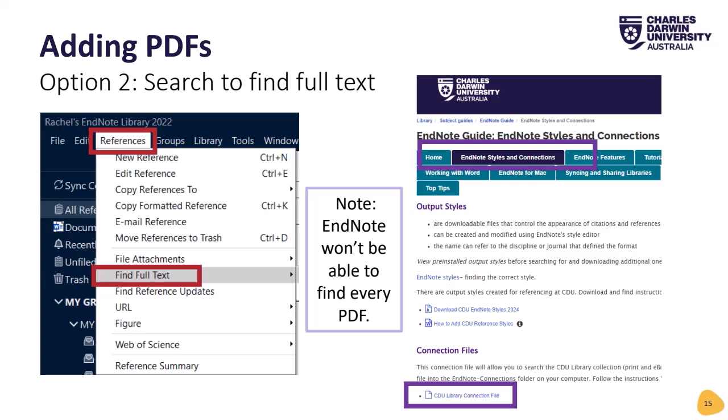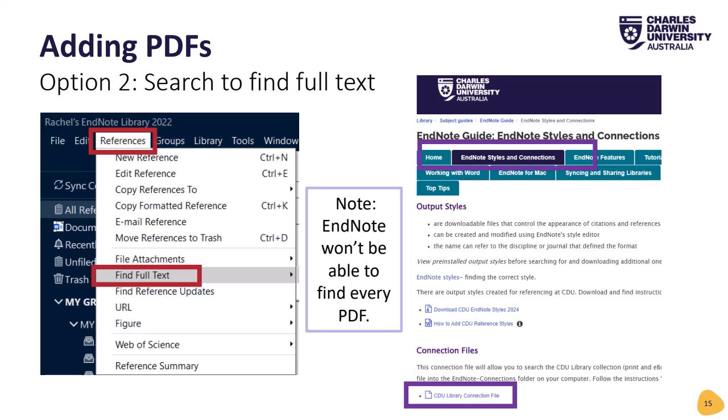Another way of adding PDFs is to search for the PDFs from your EndNote library. Just a note that EndNote won't be able to locate every PDF. It finds PDFs based on the access that we have at CDU. If we don't have access to the article at CDU, or it isn't a freely accessible article, EndNote won't be able to locate it.